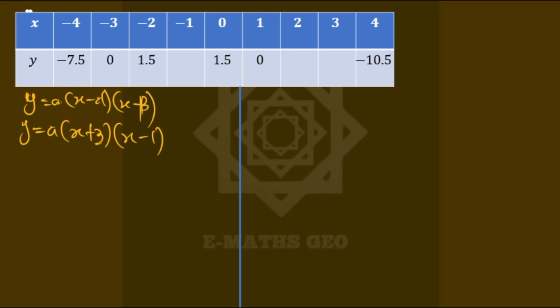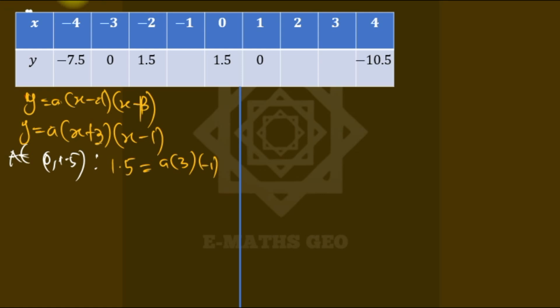I told you the best point to choose is the y-intercept. So at (0, 1.5). Now y is 1.5, x is 0. So I have a times 3 times minus 1.